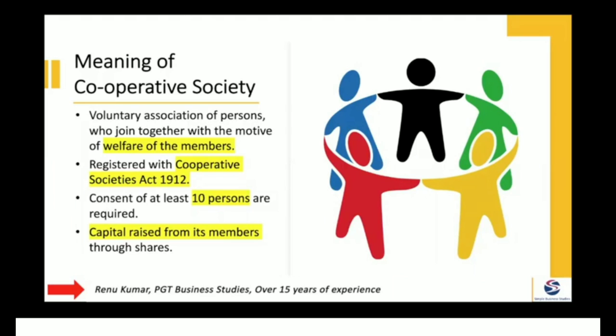The third one, Hindu undivided family business, in that case also registration is not compulsory, but here in case of cooperative society, registration has to be done with Cooperative Societies Act 1912. Consent of at least 10 adult persons is required, and capital is raised from its members through shares. So this is how cooperative societies are formed.